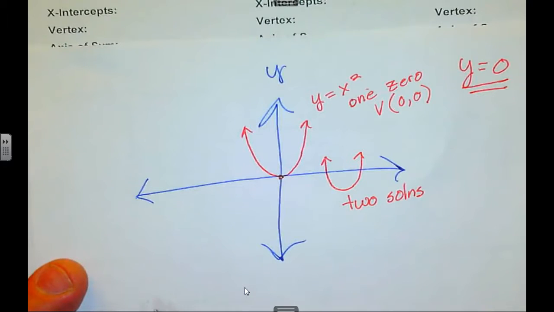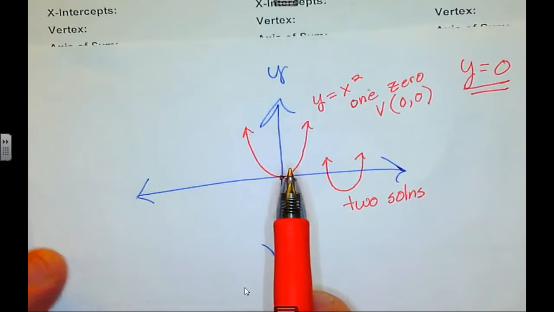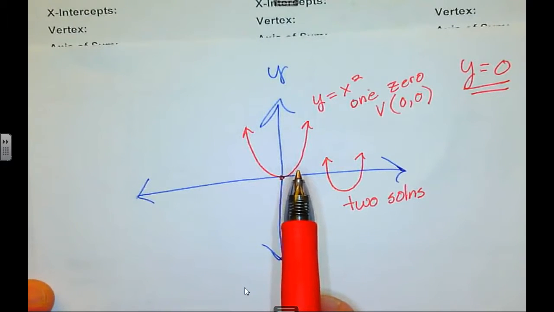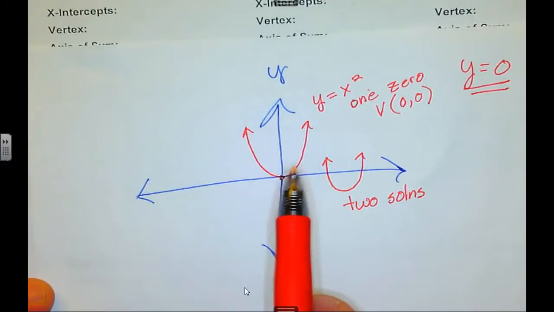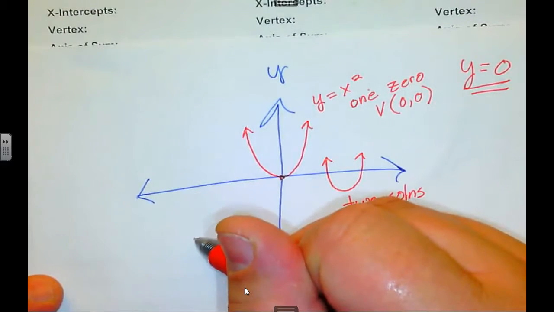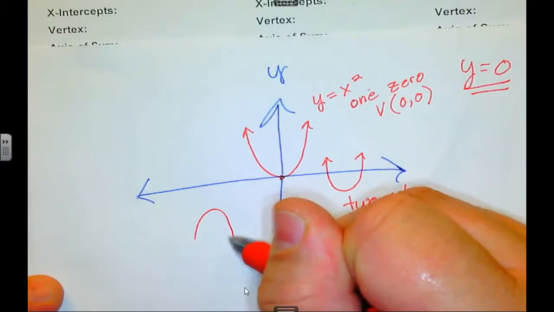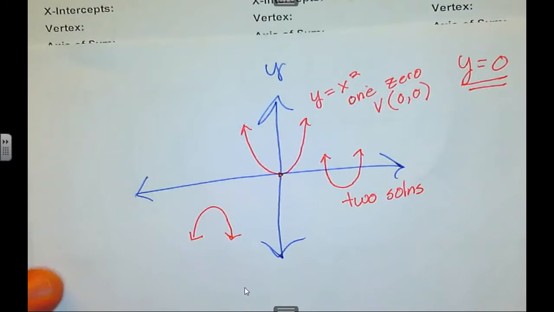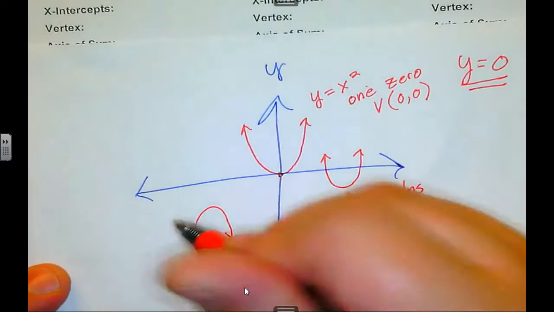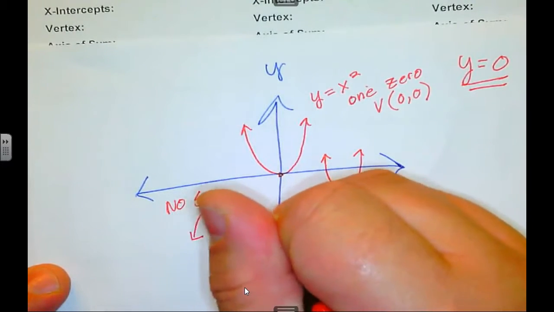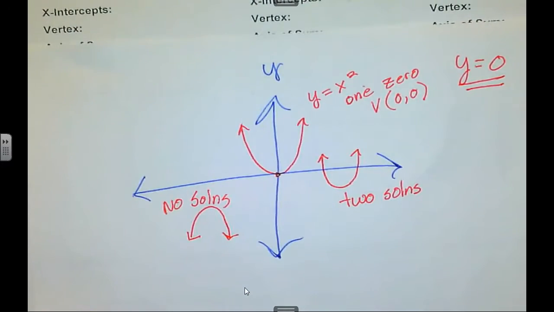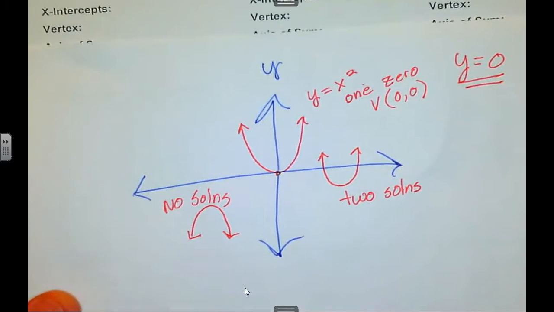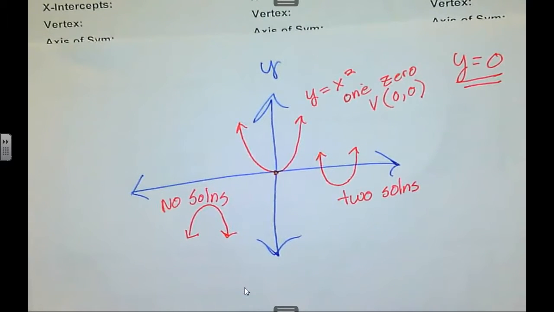There's another possibility. I could have 1 solution, 2 solutions, many. How about none? Okay, this parabola has no solutions. It doesn't cross the x-axis, right? Now, I'm getting ahead of the ball game here a little bit, but look at our exponent here.